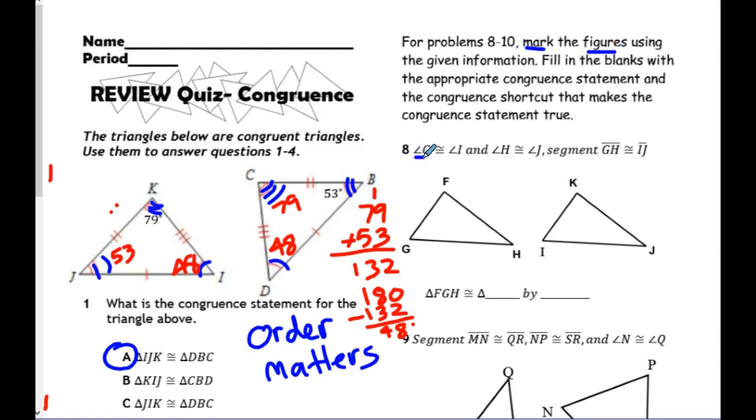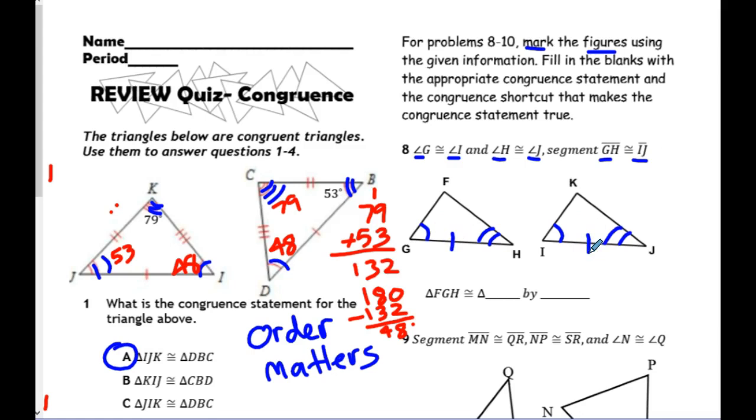Angle G is congruent to angle I. So I'm going to put an arc and an arc. Angle H is congruent to angle J, so I'm going to put 2 arcs, 2 arcs, and then segment GH is congruent to IJ. So I'm going to put tick marks on those 2 segments.